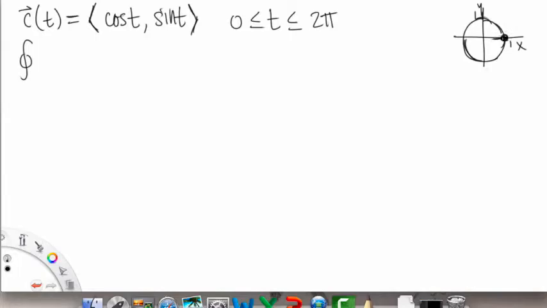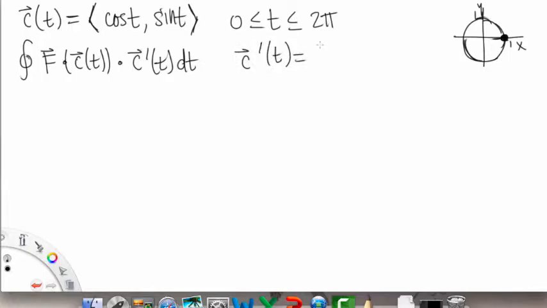Okay, I won't give it away, but let's see what we get. So we have to plug in something like this. This is our formula for the line integral, remember? First of all, c prime of t is going to equal negative sine t, cosine t.